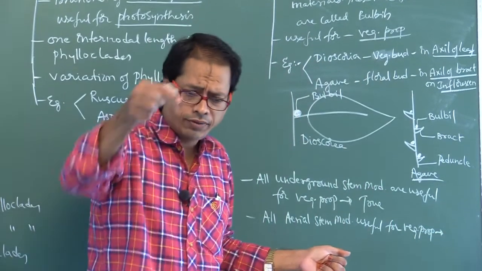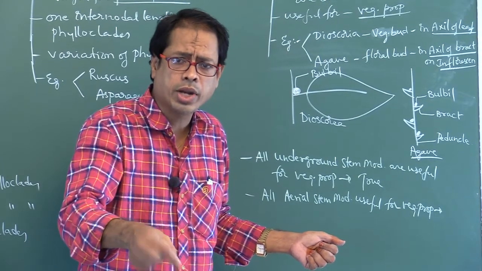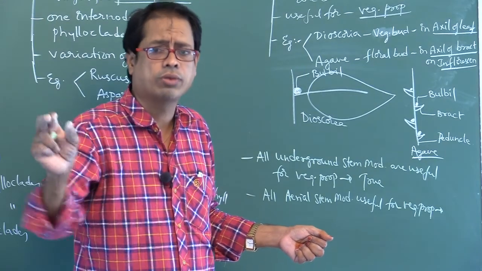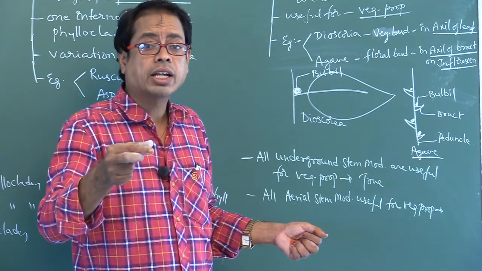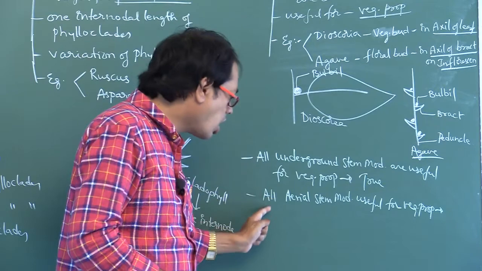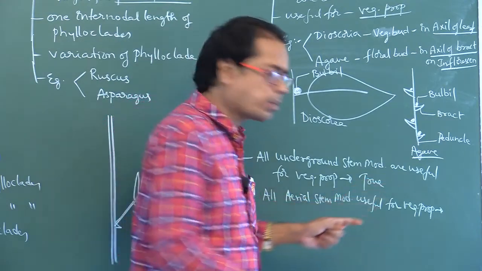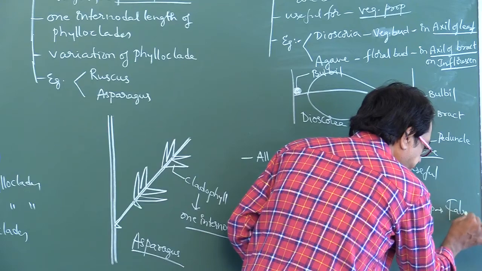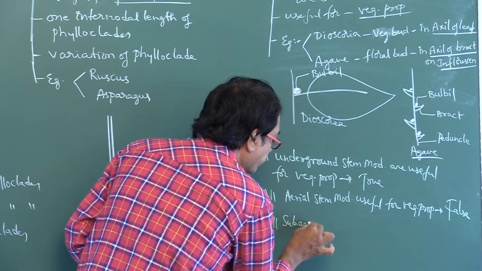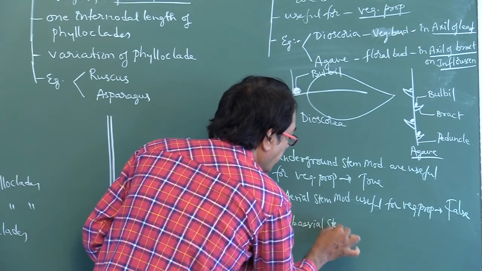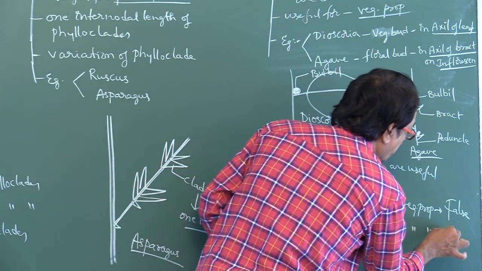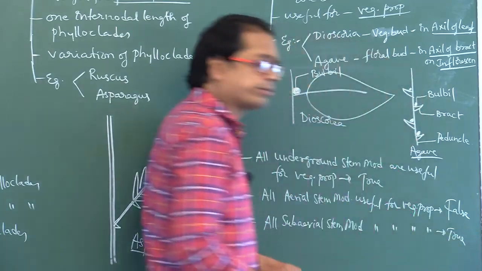That means tendril, if sown in soil, will that tendril develop into a new plant? No. If thorn is sown in soil, will that thorn develop into a new plant? No. So the only aerial stem modification useful for vegetative propagation is bulbil. All aerial stem modifications useful for vegetative propagation means we have to say false. Next, all subaerial stem modifications useful for vegetative propagation means true.